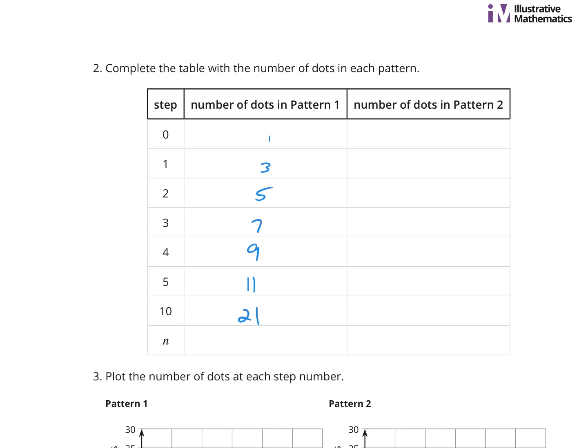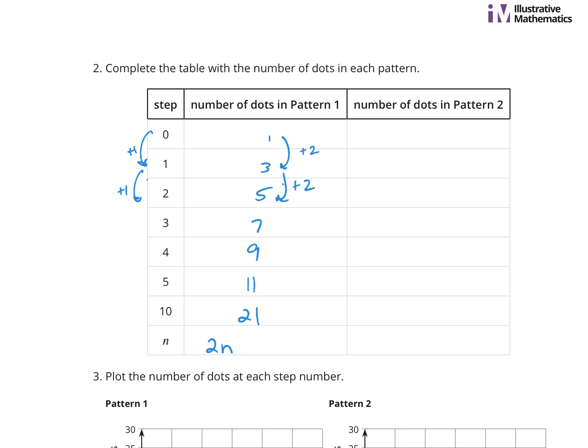So if we think about the type of relationship this is, it's a linear relationship. As x increases by 1, I can see y is increasing by 2. So here we have plus 1, plus 2 each time. So I know that my slope is 2, because 2 over 1 is 2.